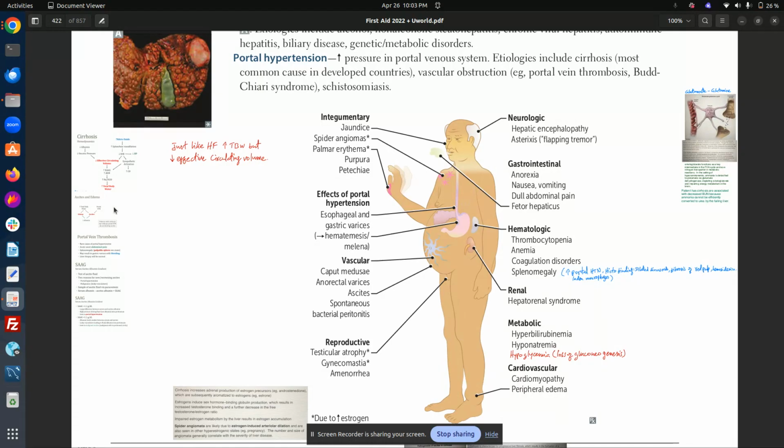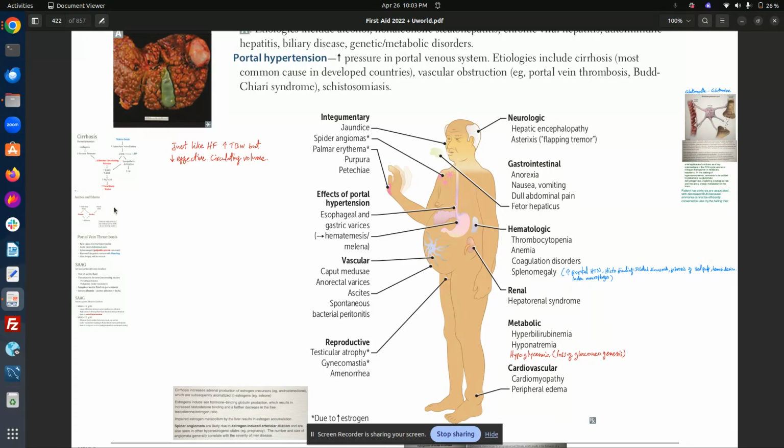And when there is low albumin, there will be low oncotic pressure in the vascular system. Okay. And due to portal hypertension, the hydrostatic pressure gets high. In normal physiology, whenever there is increased hydrostatic pressure and decreased oncotic pressure, there will always be movement of fluid from the vascular system into the interstitium.